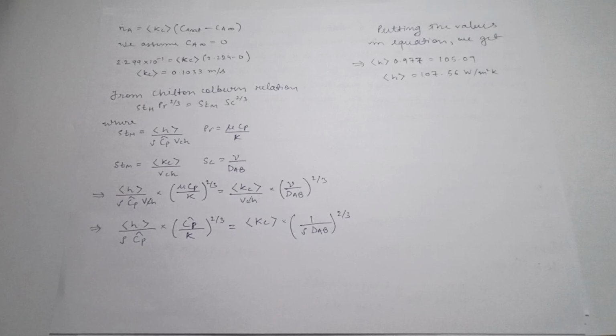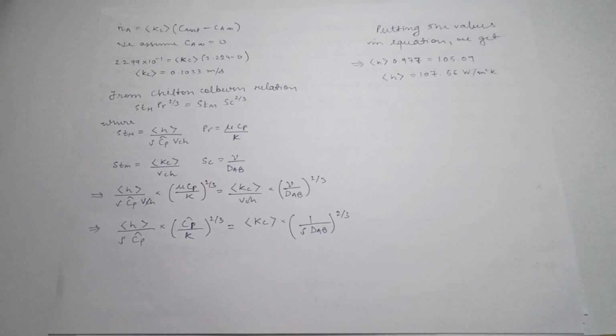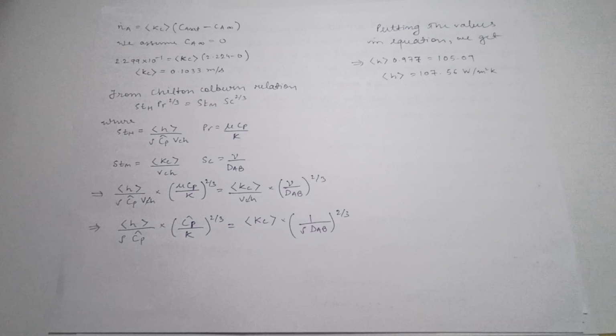Then we substitute our values of thermal conductivity, which is 0.0266 joule per second meter Kelvin, our density as 1.1460 kg per meter cube, our heat capacity as 1.005 into 10 to the power 3 joule per kg Kelvin, and our diffusion coefficient at 308 Kelvin, which came out to be 2.6891 into 10 to the power minus 5 meter square per second.